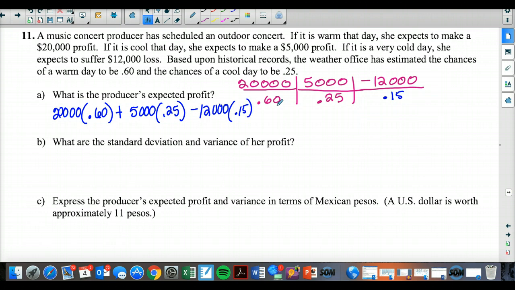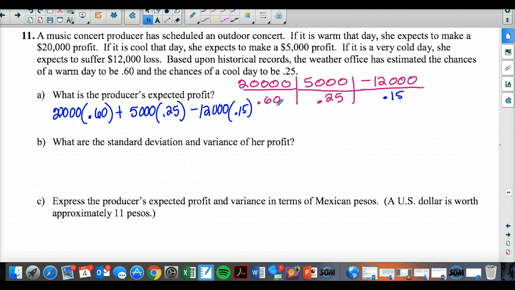Next you're going to have to put it in your calculator to calculate the standard deviation and the variance, unless you just like to do that by hand. I'm going to do 20,000, 5,000, and negative 12,000 as my list 1.